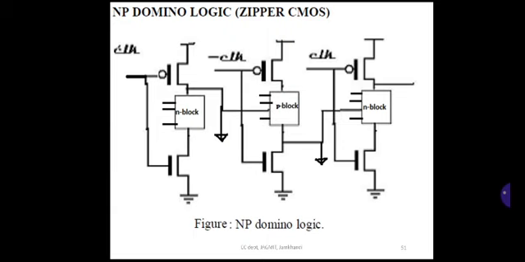Here the first stage is precharged high, the second stage is precharged low, and the third stage is precharged high. Thus there is a reduction in the parasitic capacitance. Due to this reason, the charge leakage and charge sharing problems are solved, and higher speed is achieved here.